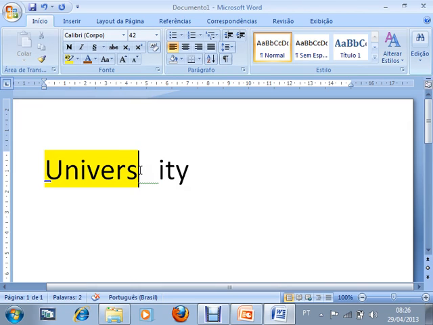Is the root of a word a morpheme too? Yeah, the root is a morpheme. And is it bound or free? Well, it's free.